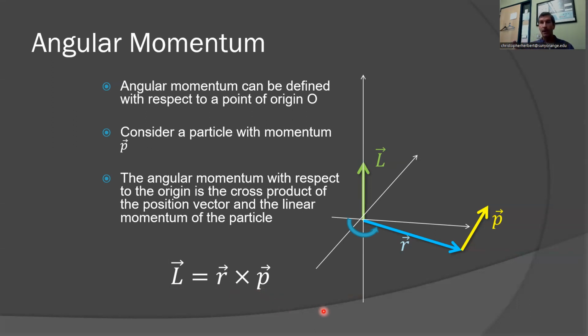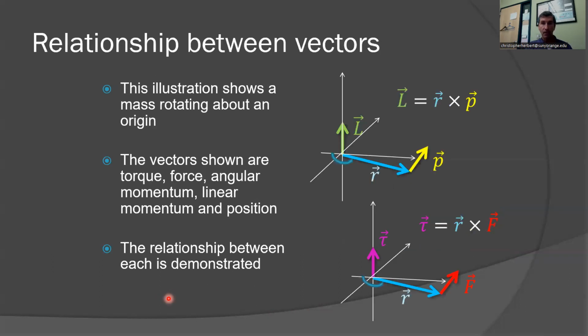If you think about torque as being the force that is going to change motion, L is really the quantity that describes your rotational motion. It takes into account the moment of inertia and the actual angular velocity. So again, r cross p is our definition for angular momentum.